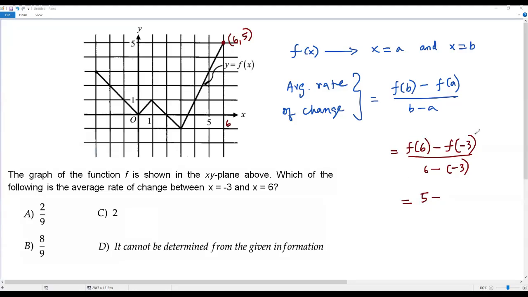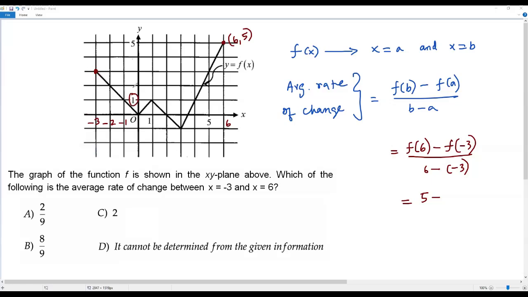Now I have to find the value of y when x equals -3. First let's identify -3 on the x-axis. Here we have the origin, here we have -1, here -2, and here -3. So this is x equals -3, and this is the point on the graph of f of x corresponding to x equals -3. At this point, what is the y-coordinate?